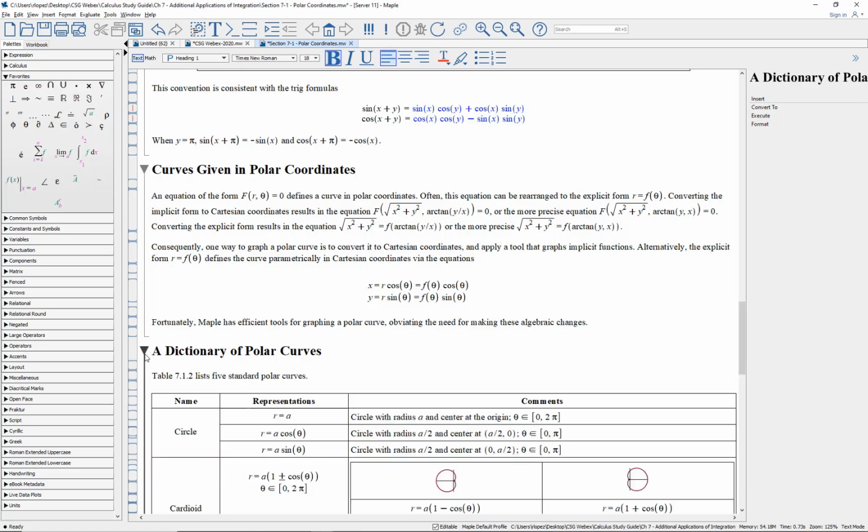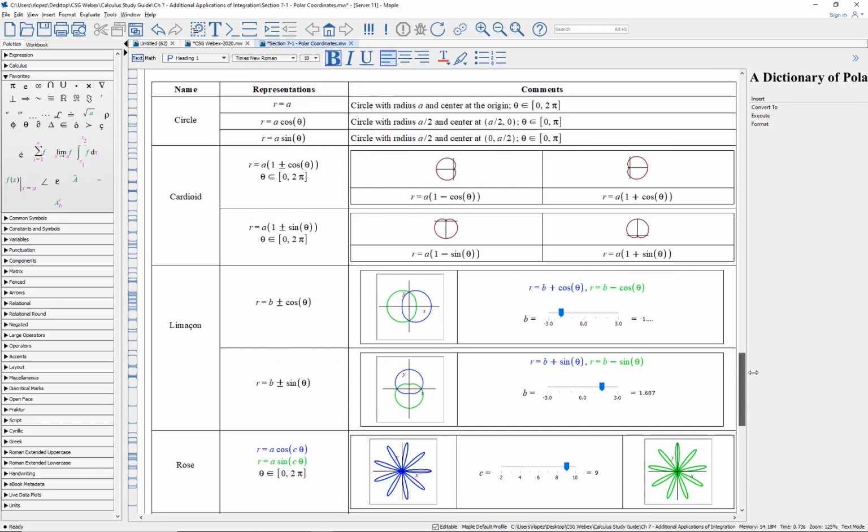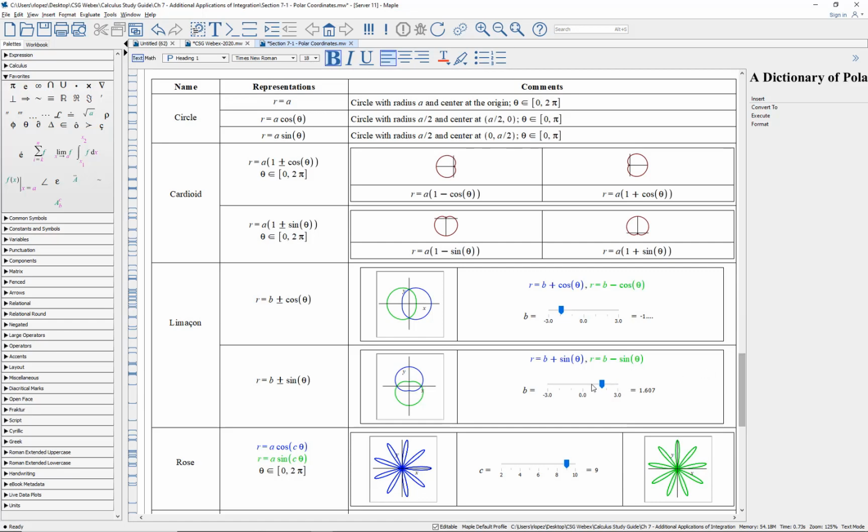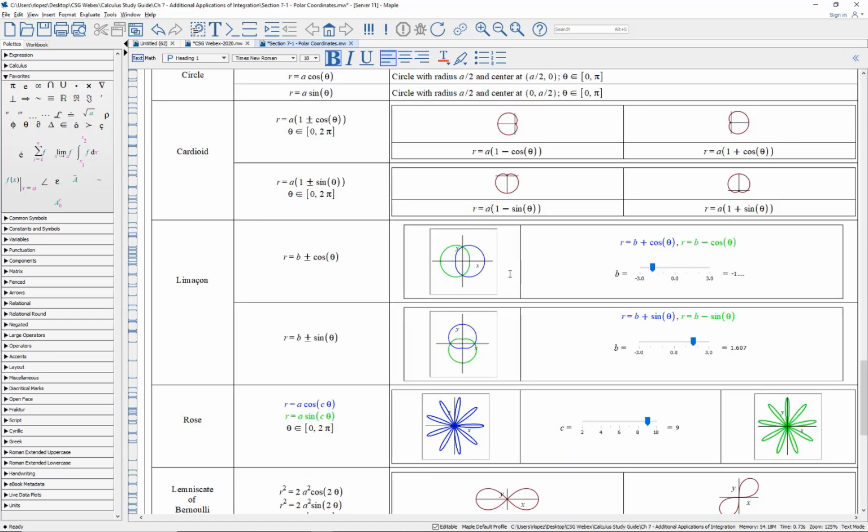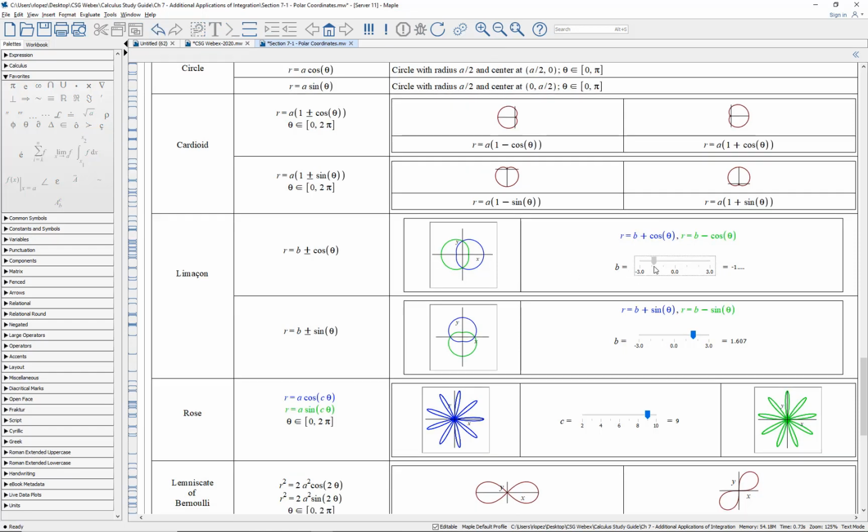This section on polar coordinates also contains this dictionary of polar curves. These are the curves that a student is going to see in all of the examples, integrating, getting areas and arc lengths and all that stuff. It's dynamic. So here you have the limaçon. If it has cosine or if it has sine, it will orient it one way or the other.